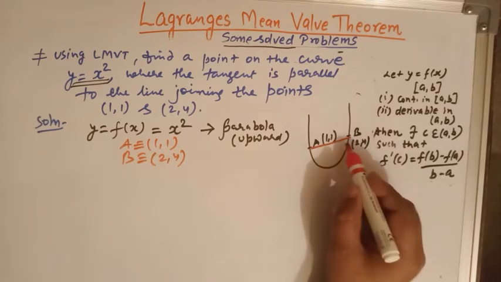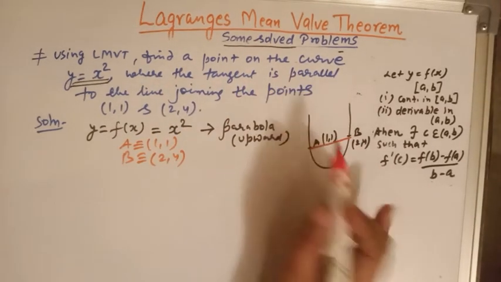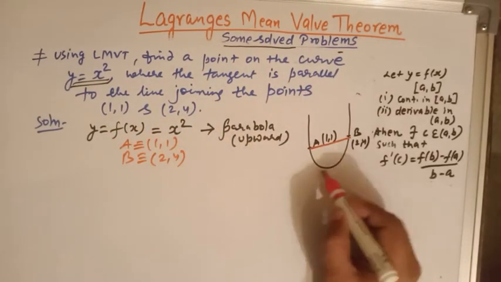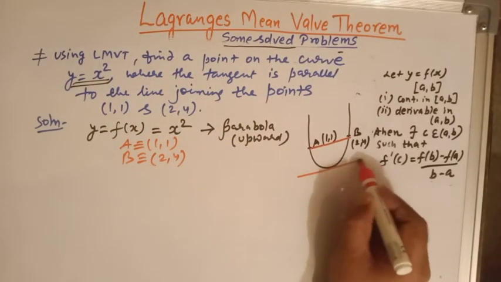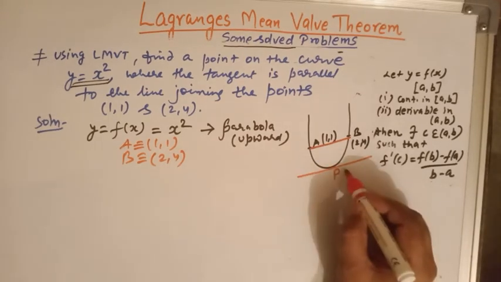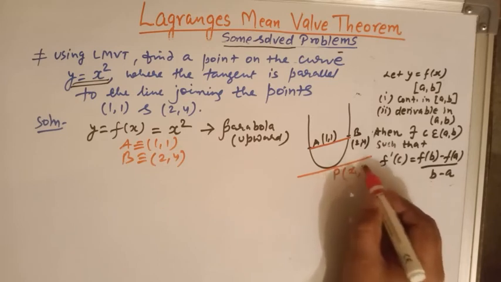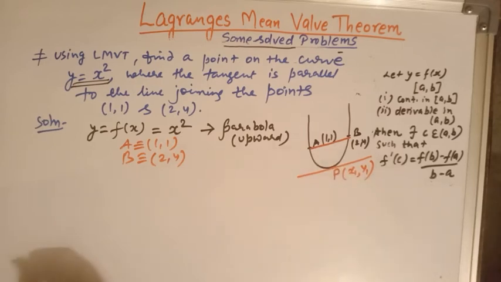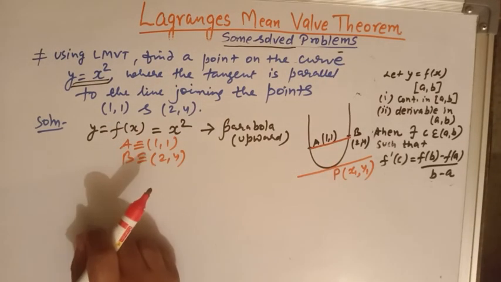Clear? We have to find a point on the curve where the tangent is parallel to the chord. Say this is the tangent and this is the point P, with coordinates (x1, y1). Here we will apply Lagrange's mean value theorem.